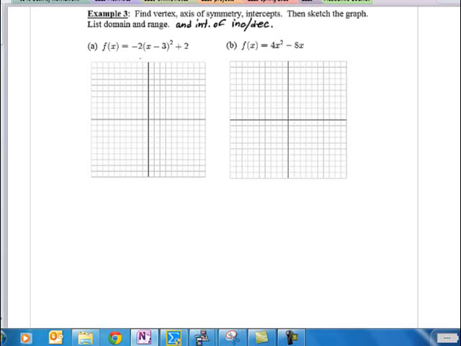Right, so we can see this is a shape x squared reflected over the x-axis because of the negative outside the function, stretched vertically by a factor of 2, and also shifted right 3 because that's inside the function, and up 2 because that's outside the function.